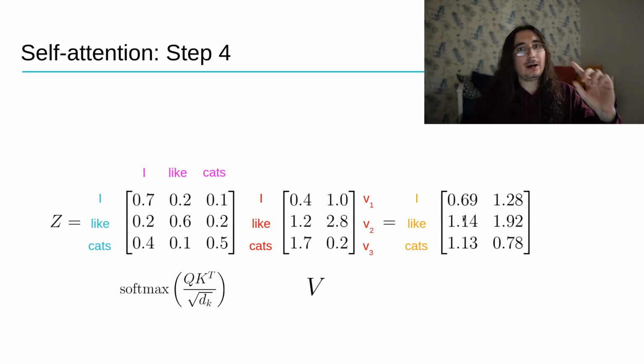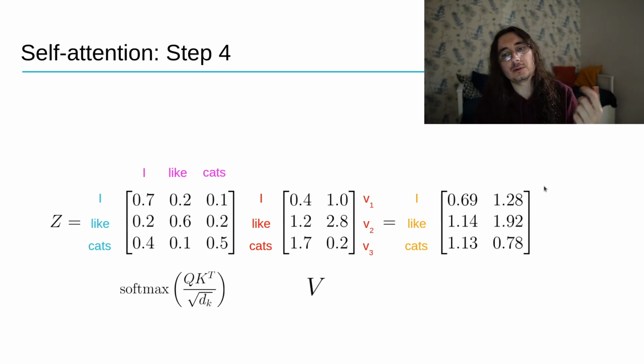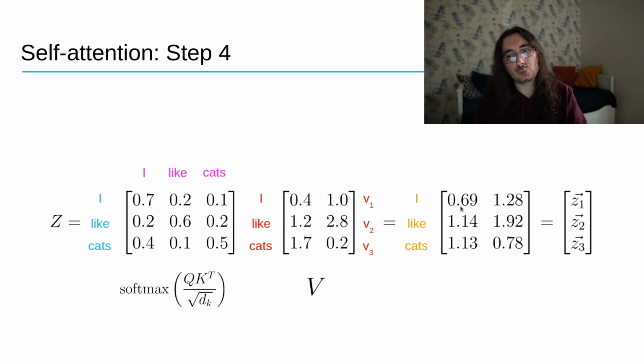Good. But now let's try to understand this from a slightly different angle. So I'm going to take this matrix, the Z matrix here, and I'm going to rewrite it like this. So Z1 is going to be a vector, a row vector in this case, and this is the attention connected with the I word.